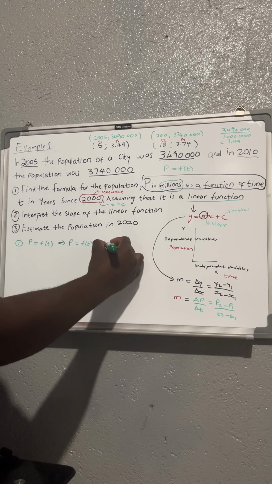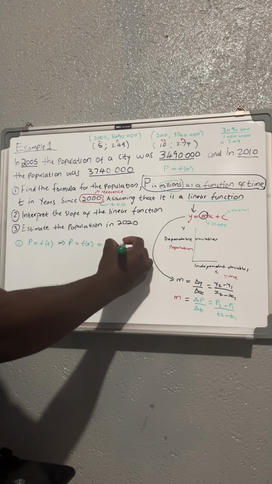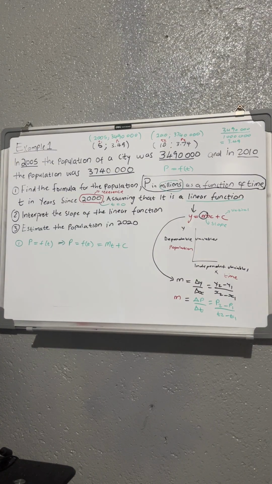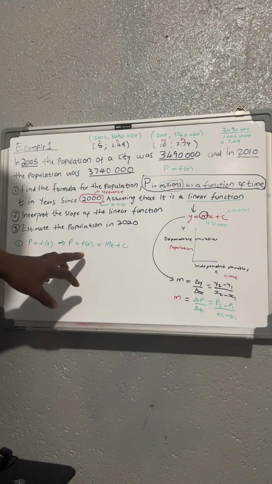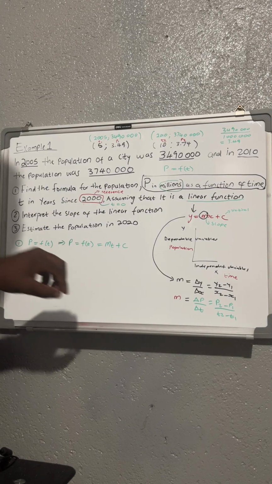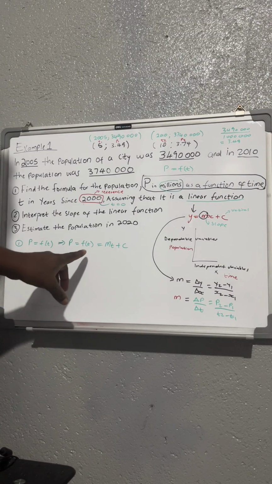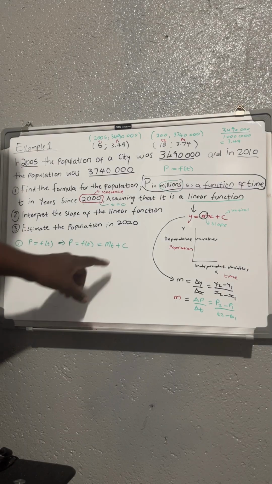This is the same as having your mt plus c. Where do I get it? Remember, now we are not working in x's, because I see another mistake that students make. They forget that we're working in t's.